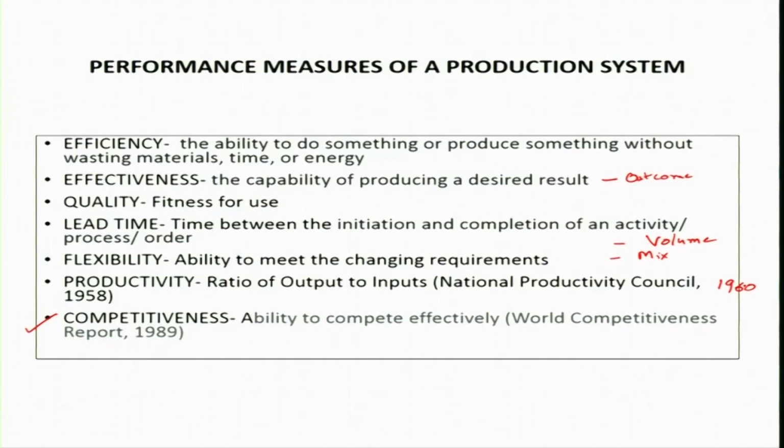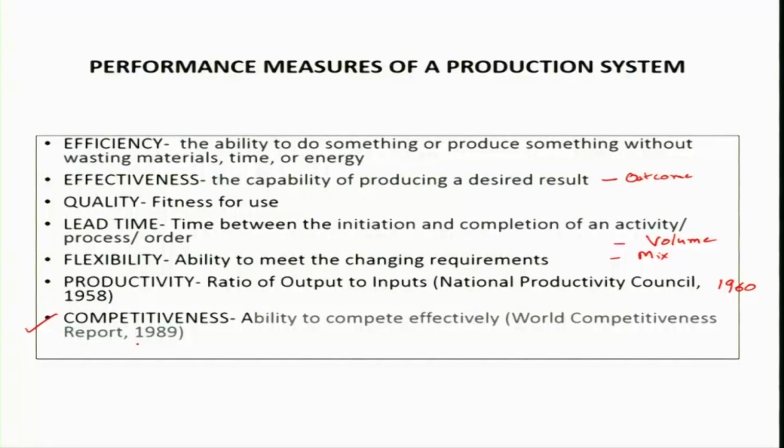because of more opening of the economy, competition increased, more global organizations came, and now there is a consumer market. That means there is more manufacturing and less demand, and in that scenario I want to be in sync with the customer. I should produce only that which is required, and that is why from 1989 the focus has shifted from productivity to competitiveness.